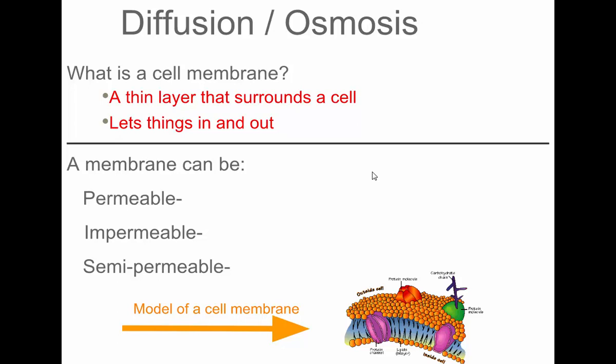When we talk about membranes, we have a few words that we're going to use. Permeable, impermeable, semi-permeable. So membranes can be permeable to a certain substance. And what that means is that substance can move in and out through that membrane freely.